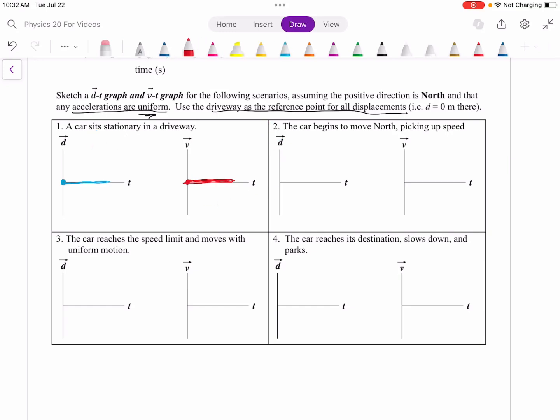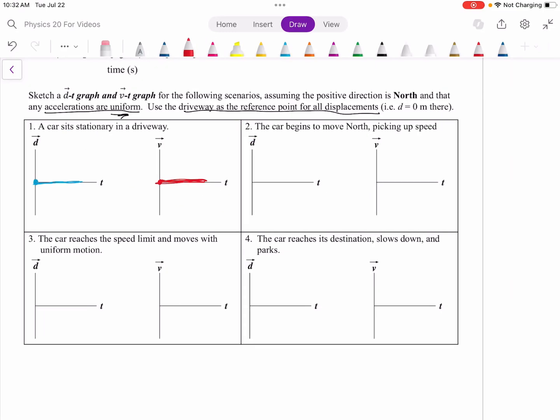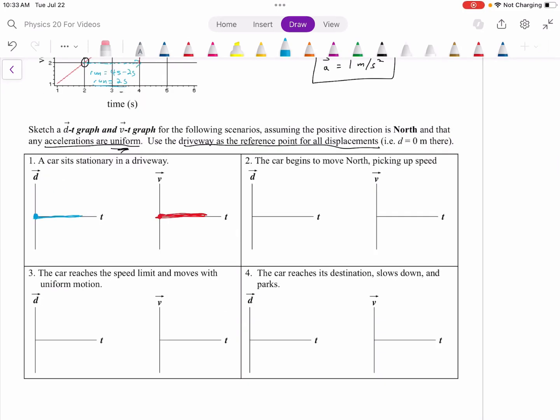All right, let's look at the next thing, the next stage here where it actually does start to move. All right, so now the car begins to move north, picking up speed. Okay, so definitely when we look at our displacement time graph, it's going to start moving away from the 0 position, right? And it's moving north, which we're defining as positive.